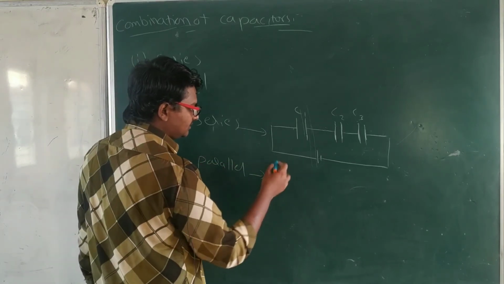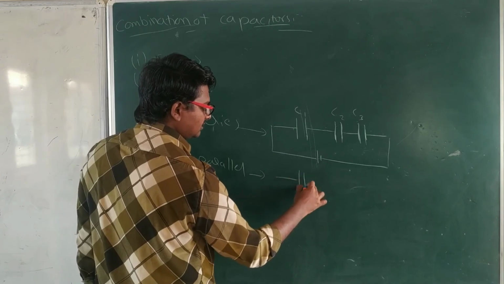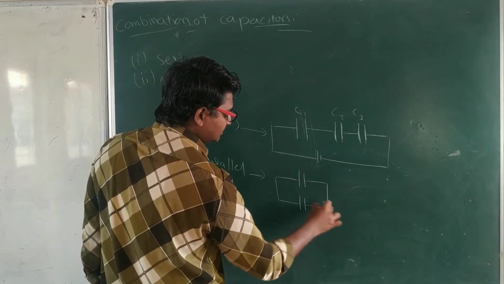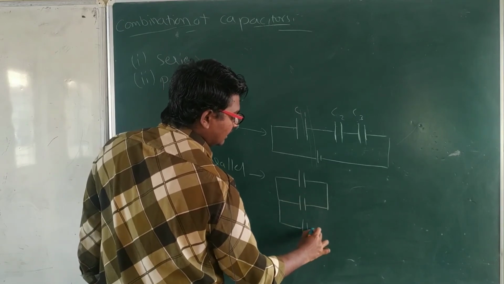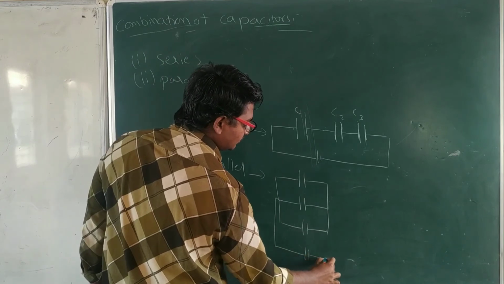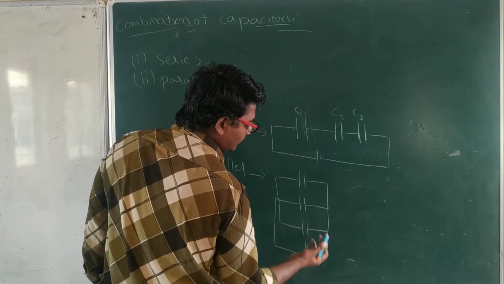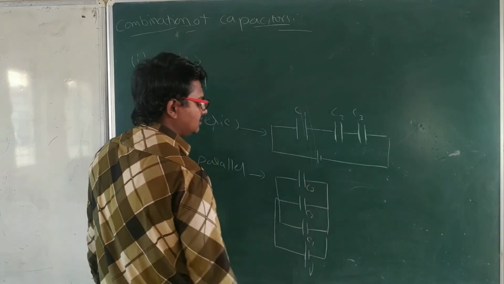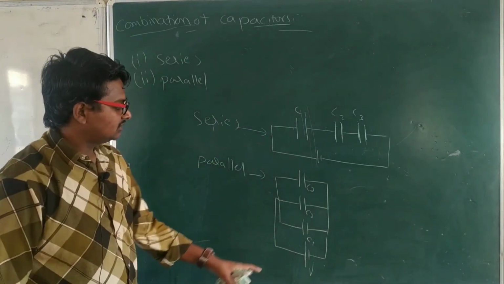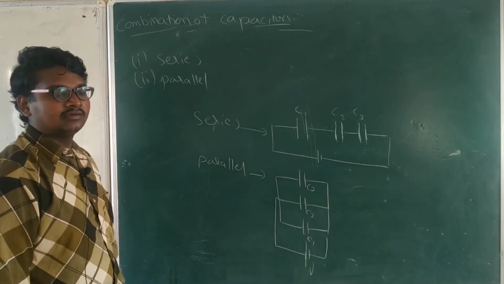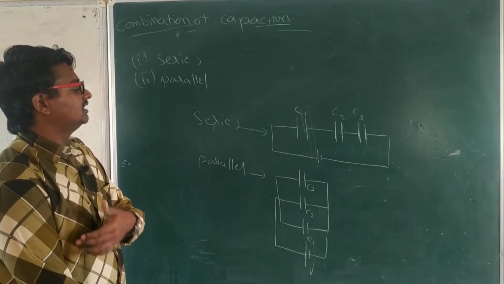Parallel connection means they appear as if they are lying parallel whenever they are connected to the circuit. This is a battery, and these are capacitors with capacitances C1, C2 and C3. This is called a parallel connection and this is a series connection.